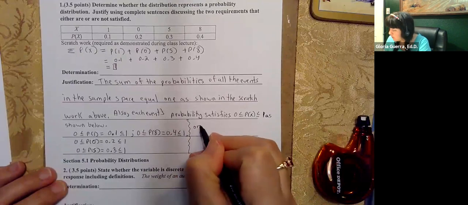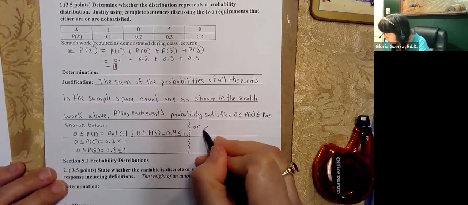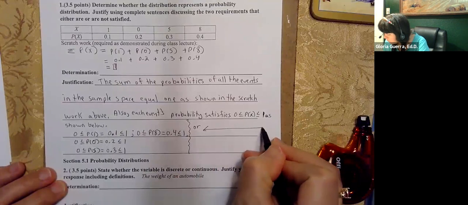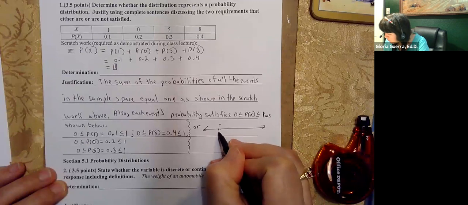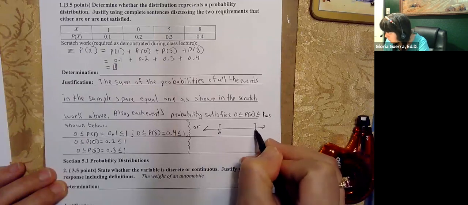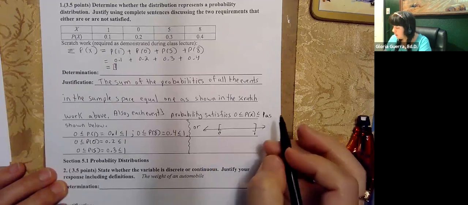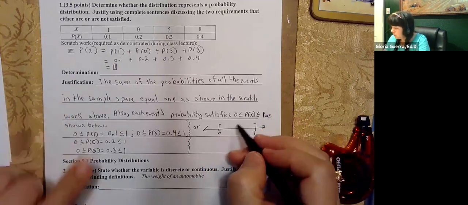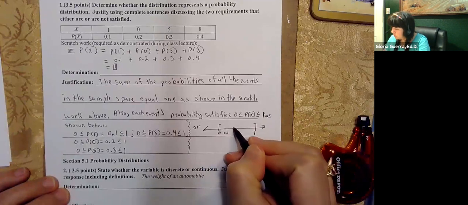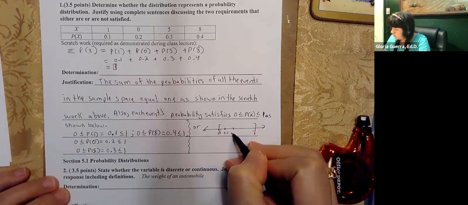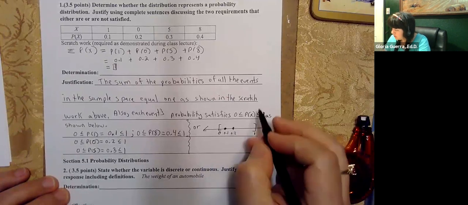you could draw, I think I also did this in class. I drew a number line, and I put here 0, and then over here 1 with brackets. And then I could put these in, like one of them is 10 cents and then 20 cents. So this one's 10 cents, this one's 20 cents.